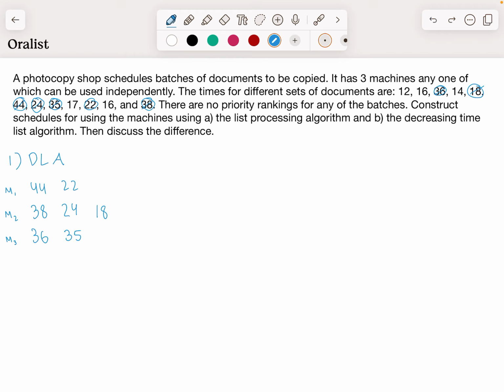And then we would have 17, which would go after machine 1. And then 16, which is after machine 3. And then another 16, which would be after machine 2. And then 14, which is after machine 1, and finally 12, which would be after machine 3.